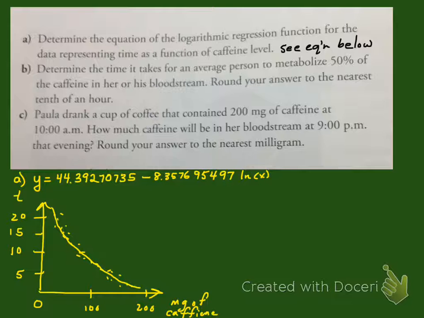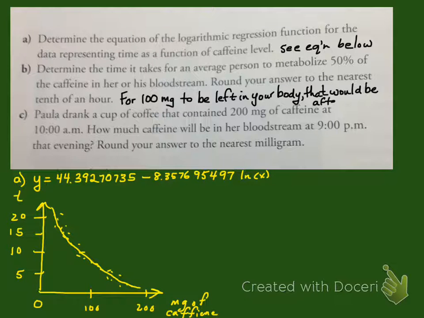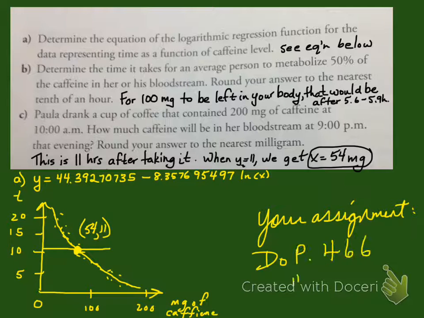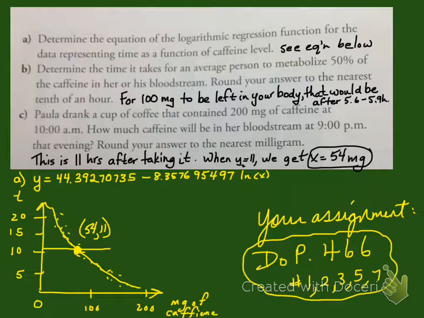So you're going to put this in your calculator and trace, and you're going to see, if you traced it along your curve, the numbers I get are going to be anywhere between 5.6 and 5.9 hours.